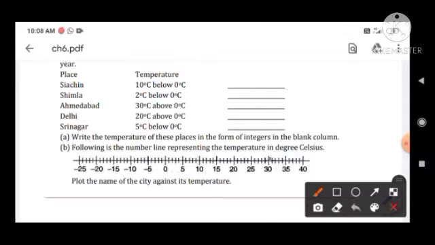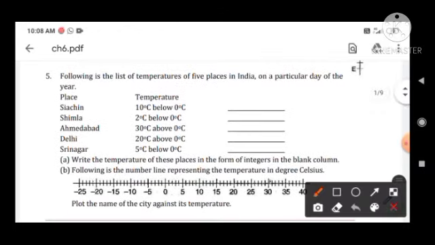The first one you can see is Cochin, again Simla, Ahmedabad, Delhi, Srinagar. Now the temperature is 10 degrees below 0. What does 10 degrees below 0 mean? This is 0 and this is below.